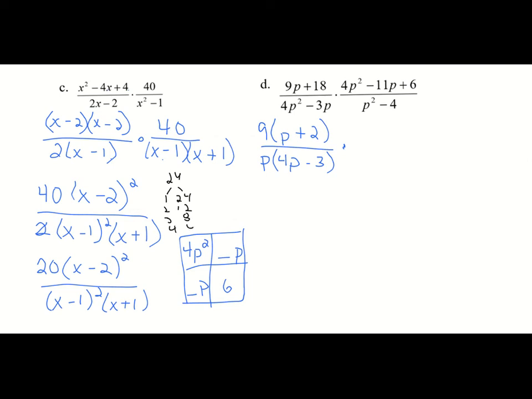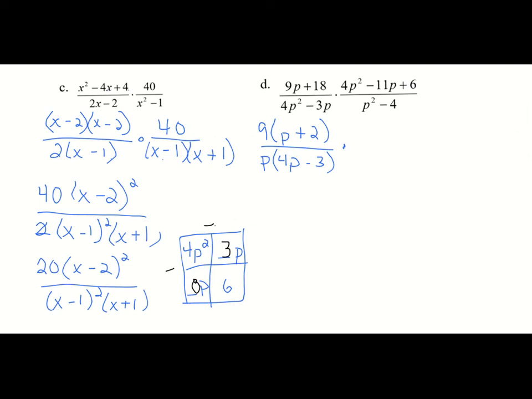And I need 11. So I'm going to have to use the 3 and the 8. And they're both going to be negative. And that will give me a negative 11. So put the 3 there on the top and the 8 here on the side. It doesn't matter, again, where you put it.